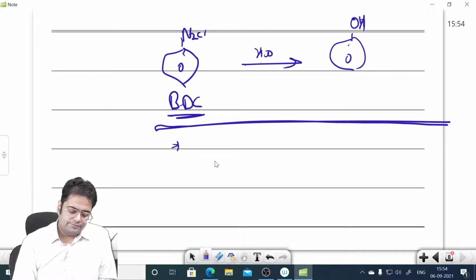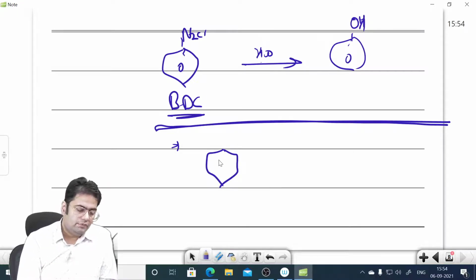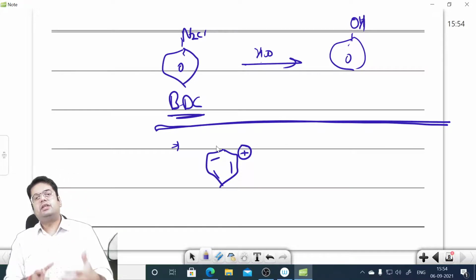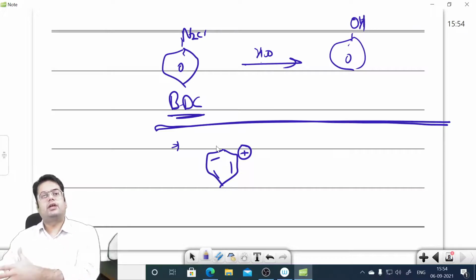Now, first of all, if we really want benzene to acquire a strong positive charge, we are hoping that benzene will undergo SN1 substitution, nucleophilic substitution type 1.